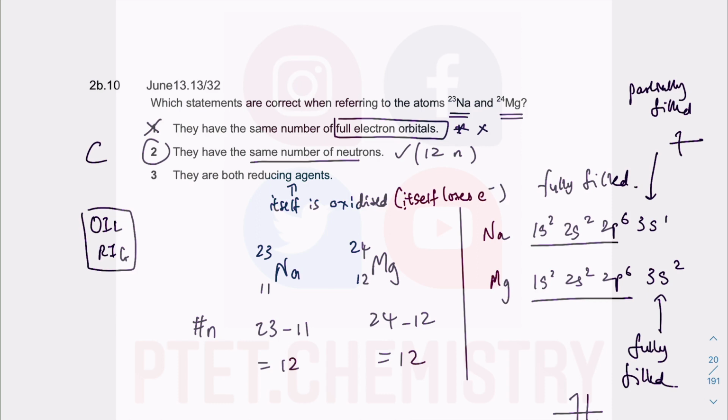If you know anything about metals, you know metals like to form cations. The more reactive the metal, the easier it is to form cations. So these things like to lose electrons because they love to form cations when they form compounds. Think of Na+, think of Mg2+, quite a lot of compounds have Na+ and Mg2+ in them, because these things like to lose electrons. These things get oxidized easily. These metals are good reducing agents.